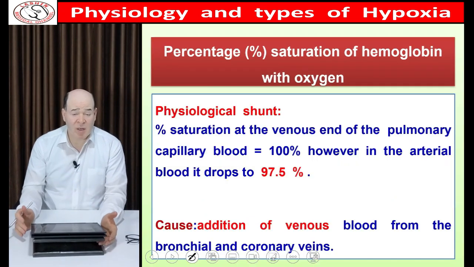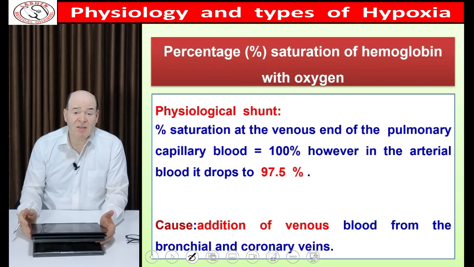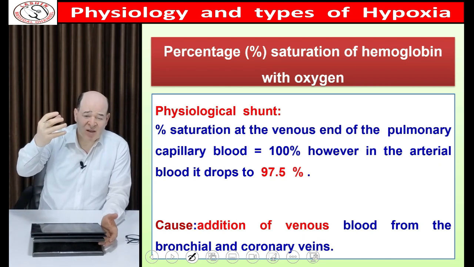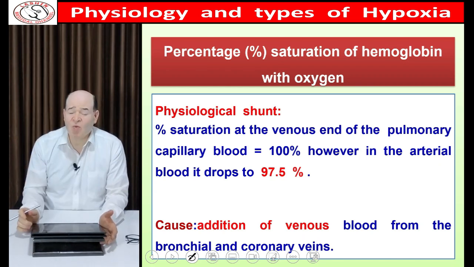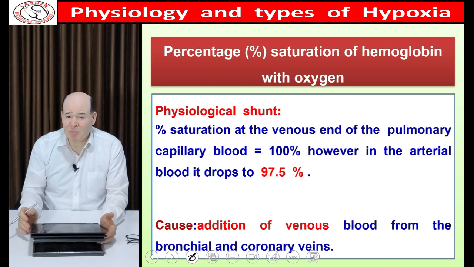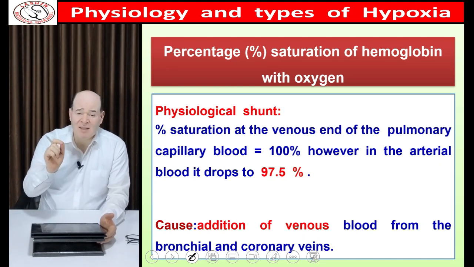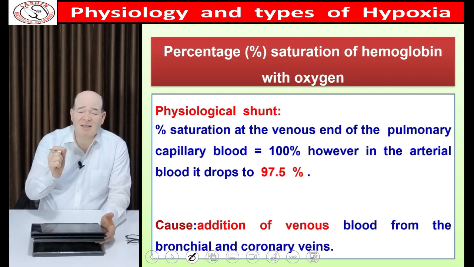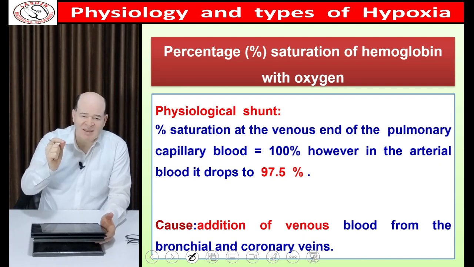We have also an important definition, which is the physiological shunt. Shunt means mixing of venous blood with arterial blood. Normally, the blood that is delivered from the lung to the heart has a saturation of 100%. However, if we take a sample of blood from the aorta, it is about 97.5%. It is decreased by 2.5%. Why? The explanation is that there is venous blood that is added to this arterial blood.